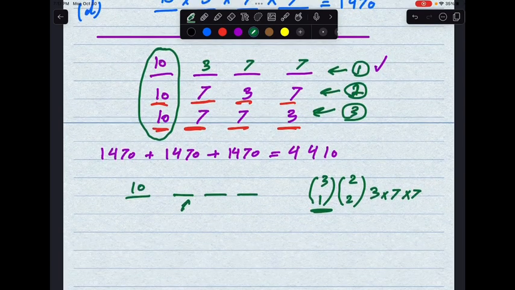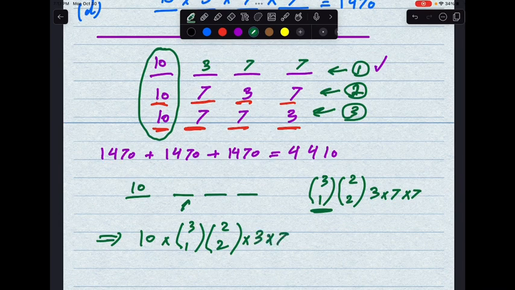So we can do this question generally like 10 times combination of 1 of 3, times combination of 2 of 2, and then times 3, times 7, and times 7. So the answer will be the same as before, 4,410.